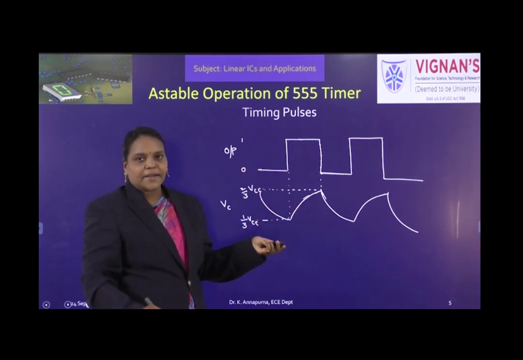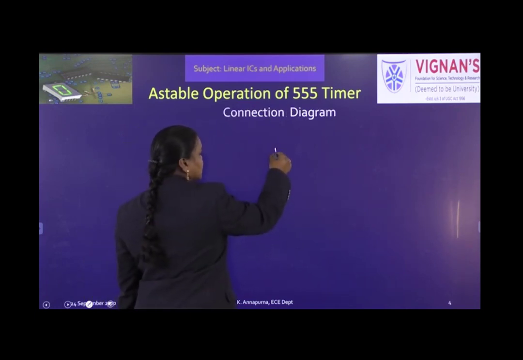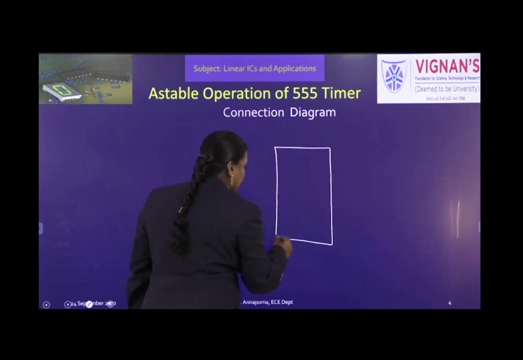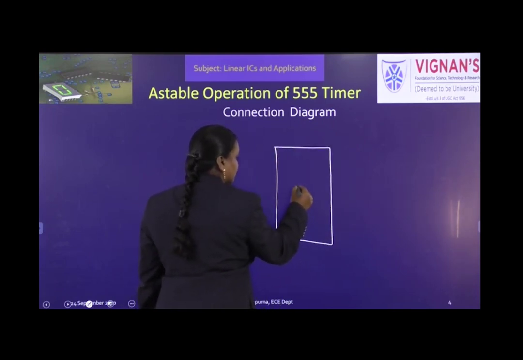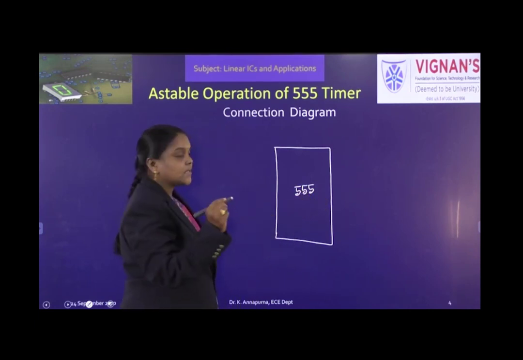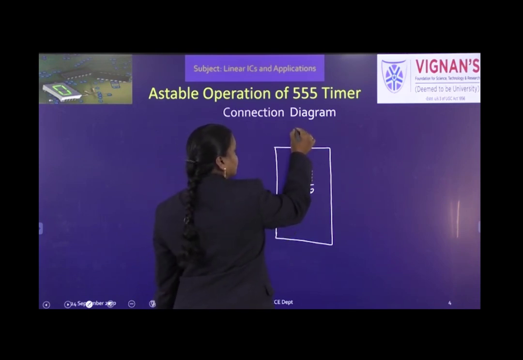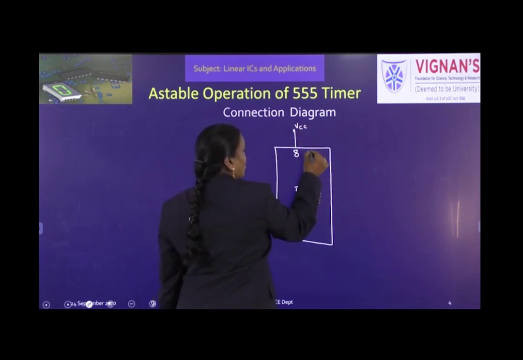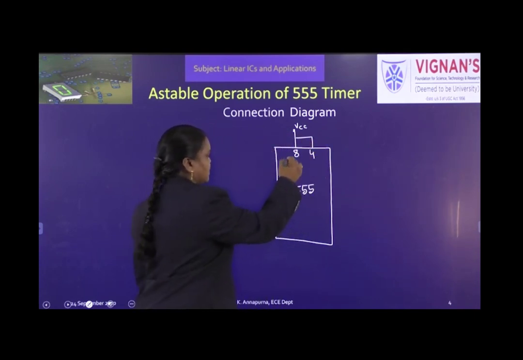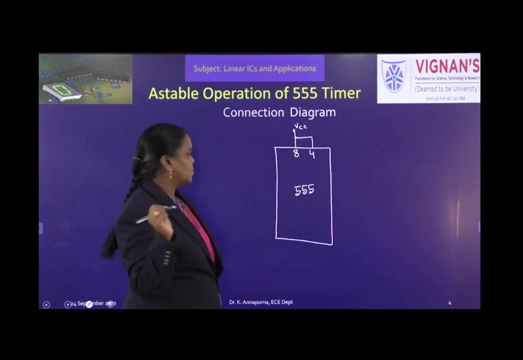Now let us see the connection diagram. This is the IC. How many pins does it have? 8 pins. Already we have discussed the pin diagram. The 8th pin is VCC, and when you are not using the reset pin, it is also connected to VCC to avoid accidental reset.